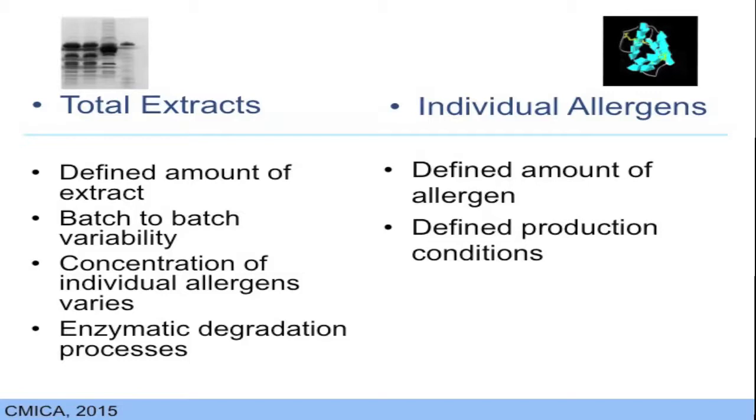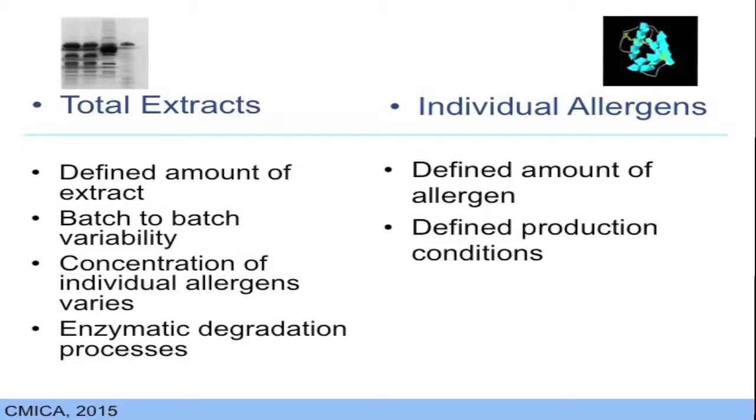These are all the reasons why in some cases you should go for a defined amount of an allergen. Either you spike your extract with allergens or you use individual allergens. It's also an advantage if you use individual allergens: you have a defined production and purification condition, and you know what the amount of the allergen is in your test system. So this, I think, should be an improvement.